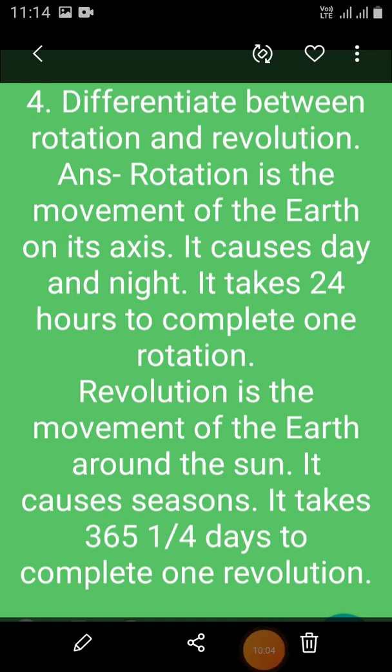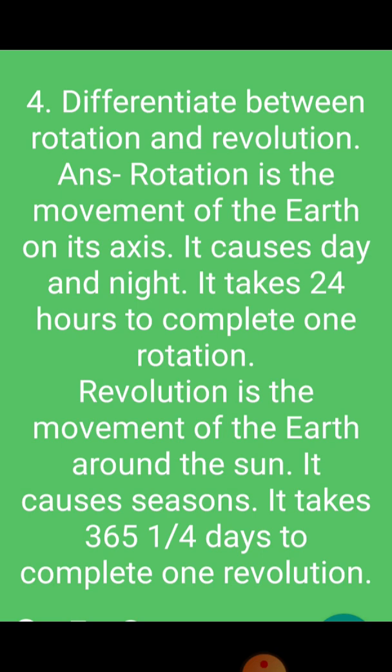Next question. Differentiate between rotation and revolution. Answer: rotation is the movement of the earth on its axis. It causes day and night. It takes 24 hours to complete one rotation. Revolution is the movement of the earth around the sun.